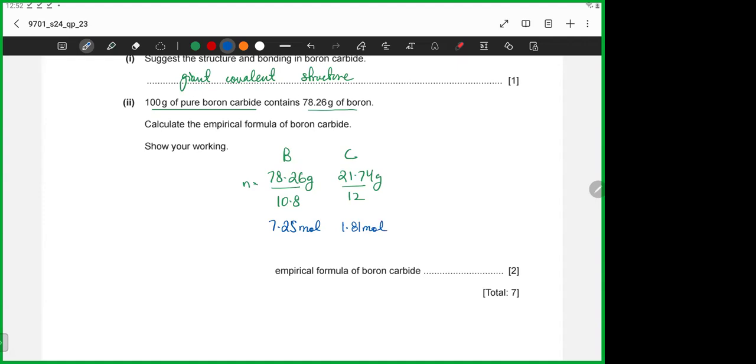And then you have to find the whole number ratio, which is dividing by the smallest. Yeah, 1.81 for both. So what did we get? For boron you get 4, and for carbon you get 1. So it's B4C1.